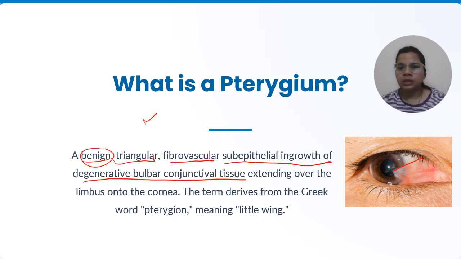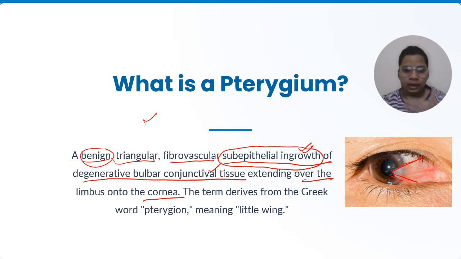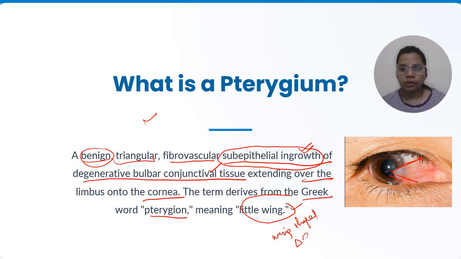So it is basically a triangular growth, a subepithelial ingrowth of the bulbar conjunctiva extending over the limbus onto the cornea. It is derived from a Greek word, pterygion, which means a little wing. So it is a wing shaped triangular growth.